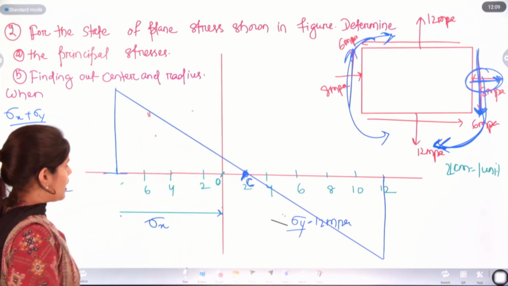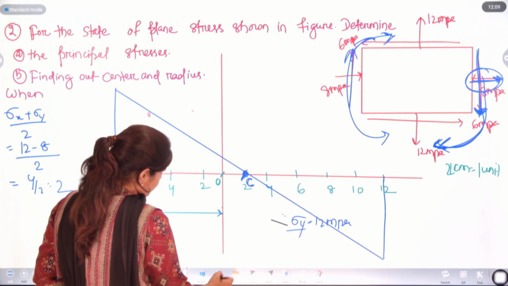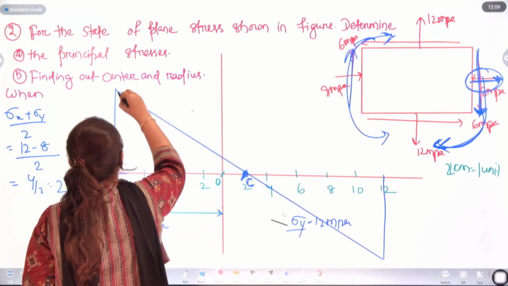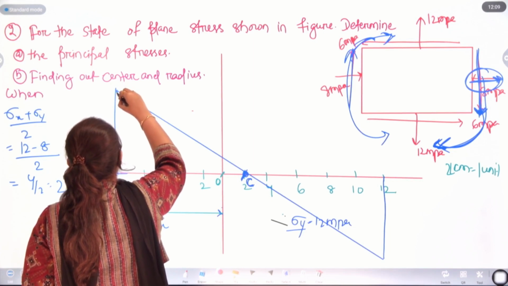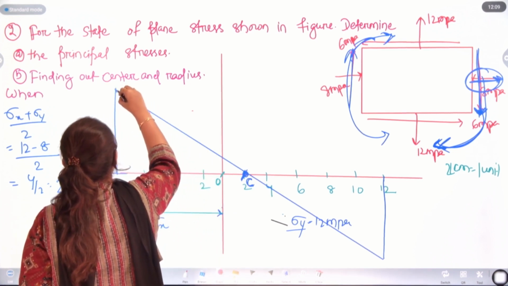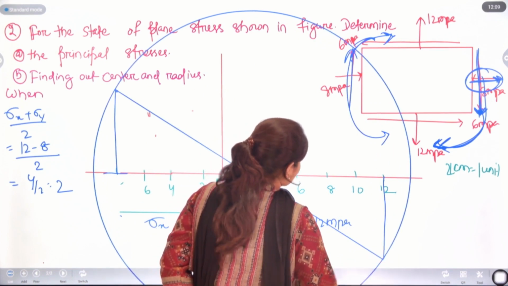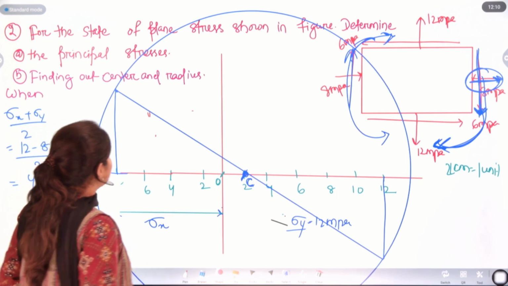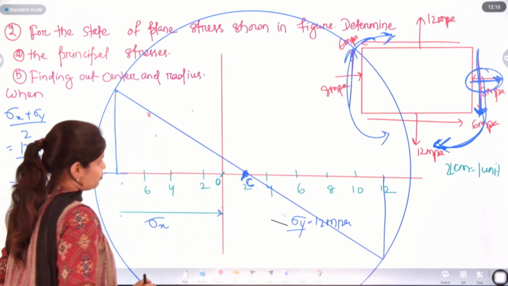Okay, now we need to draw or plot the Mohr circle. So what will be the value of radius? You can see we have known this value.